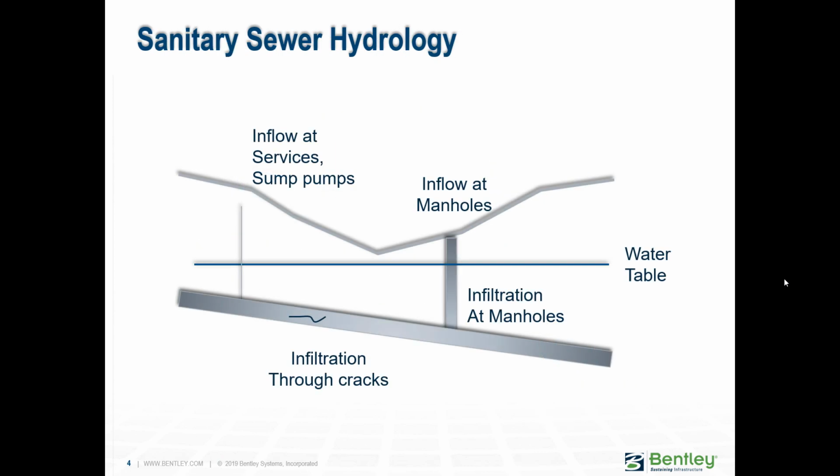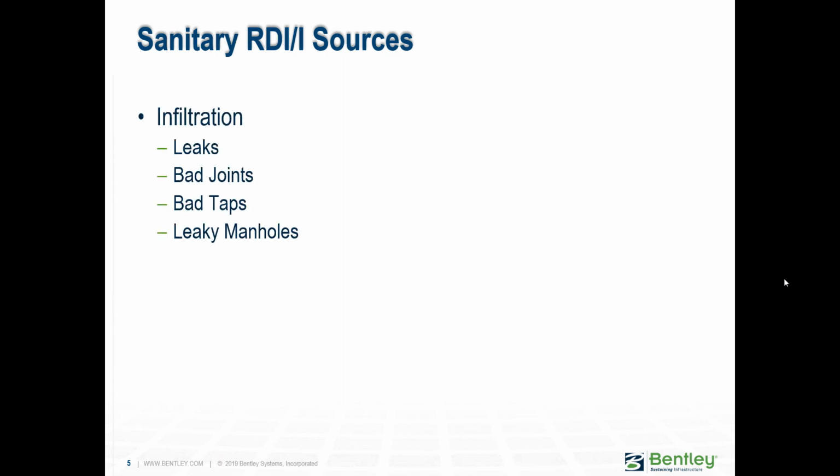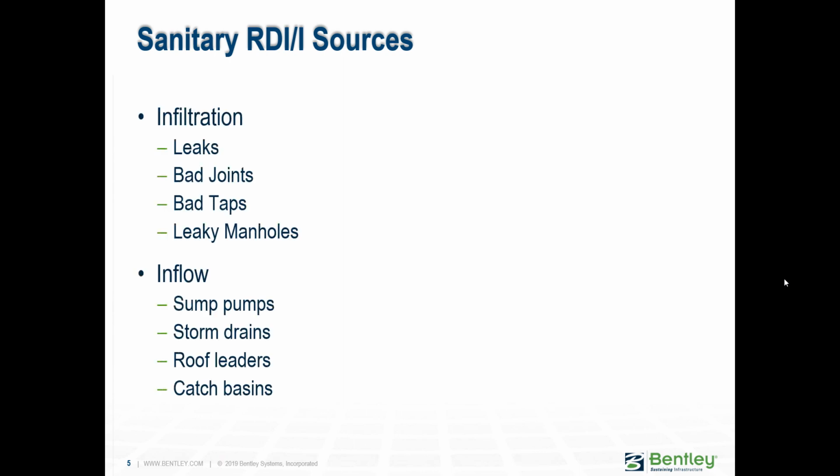In sanitary sewers, stormwater is supposed to be kept out but enters through system defects like infiltration through cracks, infiltration at manholes, or even inflows at manholes. And how does the wet weather flow get into sanitary sewers?